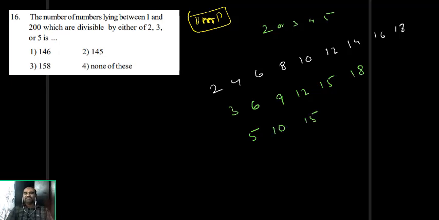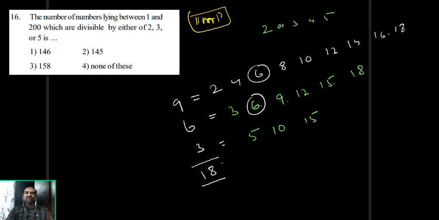So actually what will they say the answer is? Multiples of 2: 1, 2, 3, 4, 5, 6, 7, 8, 9. Multiples of 3: 1, 2, 3, 4, 5, 6. Multiples of 5: 3. They will say 18. That's the wrong answer. Why? Because 6 is counted 2 times.